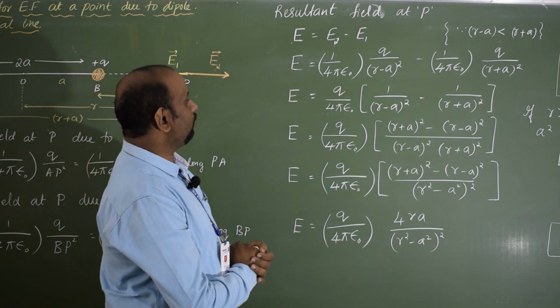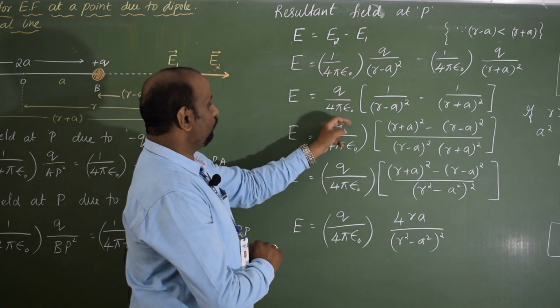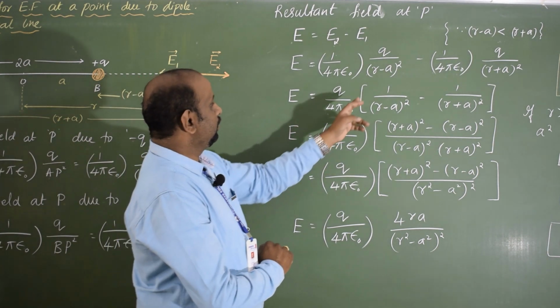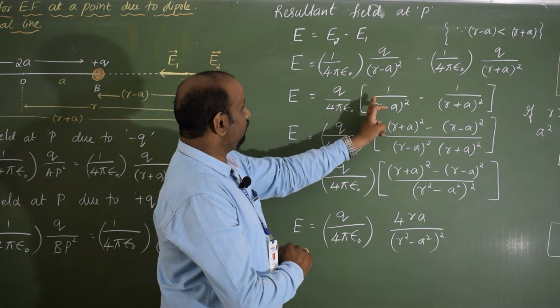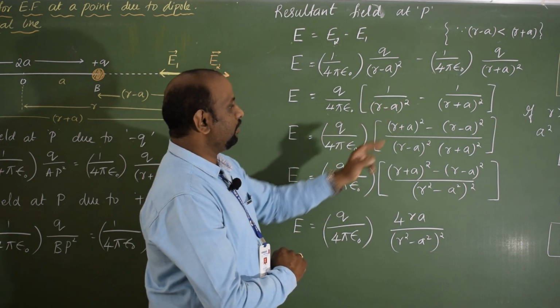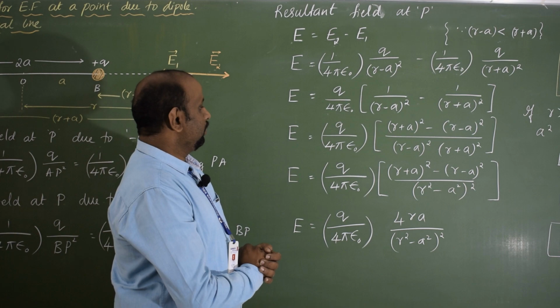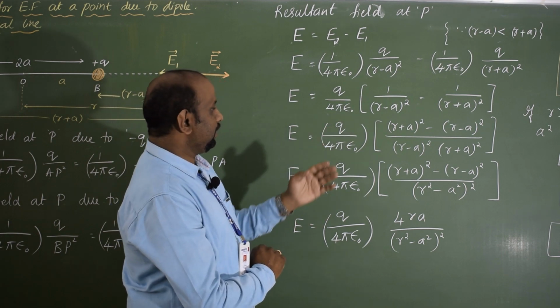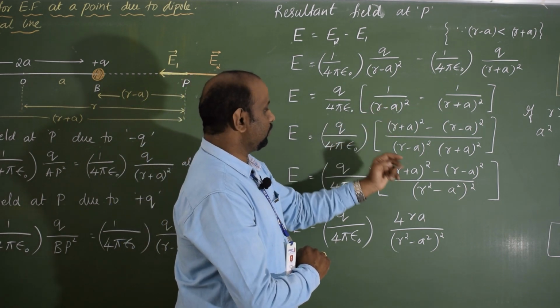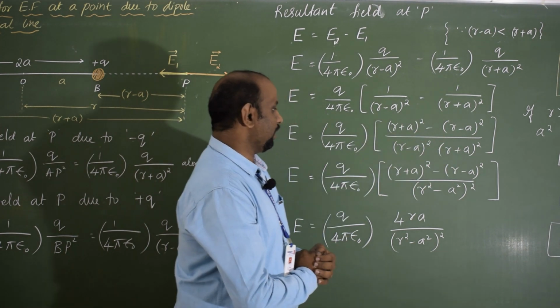Take common. What is common here? Q divided by 4 pi epsilon naught is common. The remaining is 1 divided by R minus A whole square minus 1 divided by R plus A whole square. Take the LCM. The LCM of this is R minus A whole square into R plus A whole square.